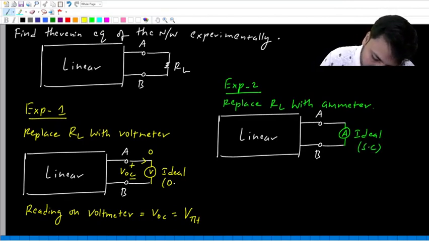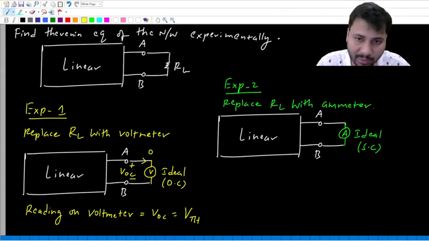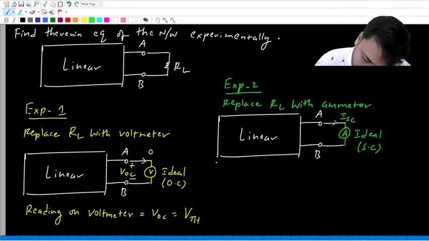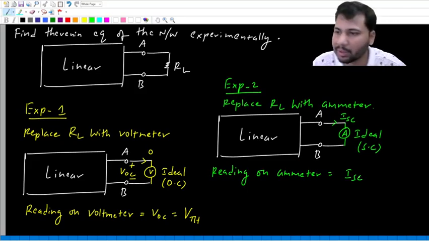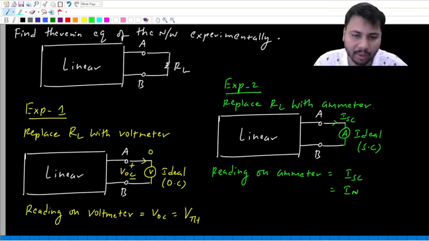An ideal voltmeter will behave like an open circuit. So when this ideal ammeter acts like a short circuit, it is as if the load is replaced with a short circuit. Some current will flow through this short circuit or the ammeter, and that current is nothing but ISC. So the reading on the ammeter is nothing but ISC, and ISC is nothing but the Norton current.